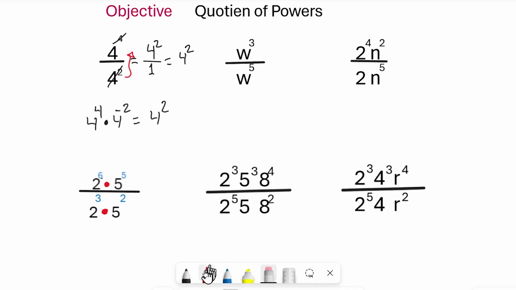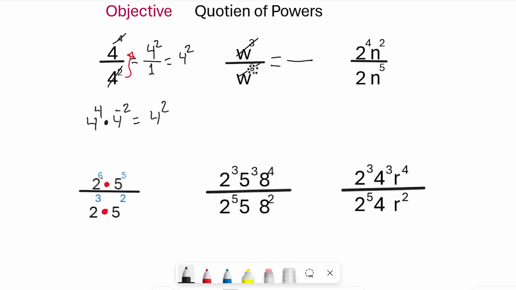So let's do the next one. The way I like to do it is this way. I have 3 W's or 3 factors on top, 5 at the bottom. At the most that I can cancel will be 3 of them. Out of 5, you cancel 3 of them, so you end up with 2.